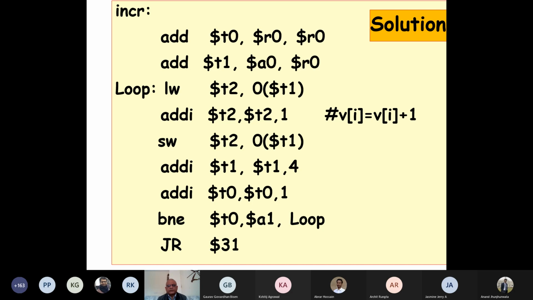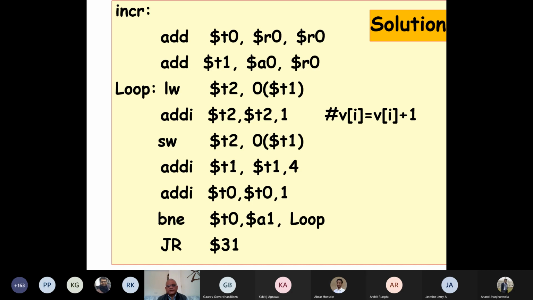Because we know that, unlike the branch and jump instructions where the immediate constant is a word or 4 bytes, in load word and store word the immediate constant is a byte.